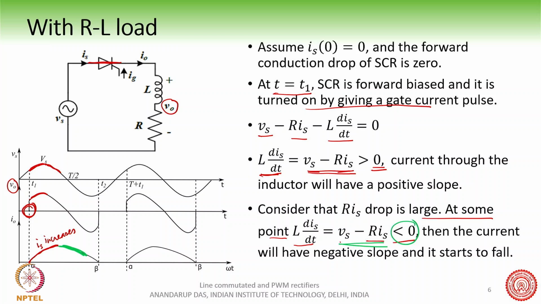It will go on falling until, as I told you, you cannot turn off the thyristor, so the current will fall, and eventually at this point beta, the current will become equal to 0. As long as the current is positive, the thyristor will go on conducting.